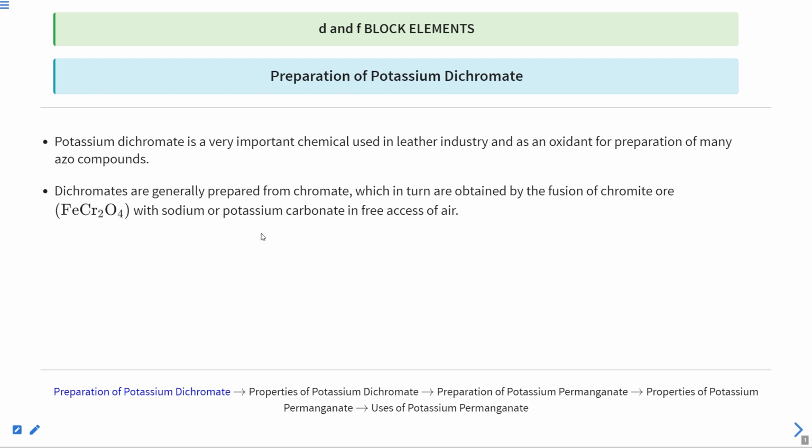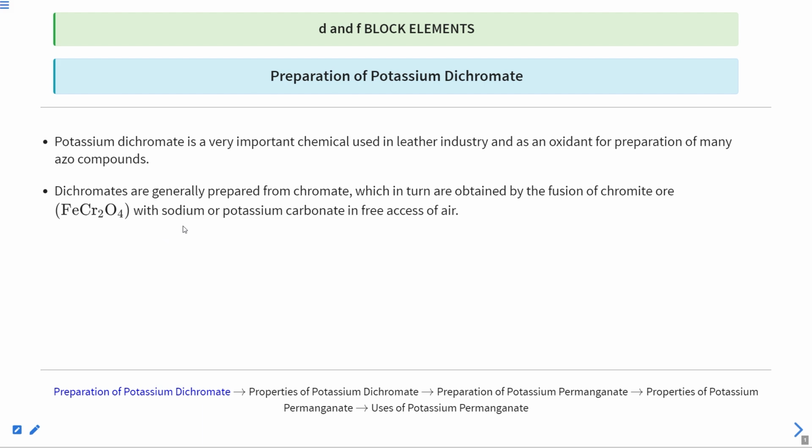Clear? So what are we saying here? If we take this chromite ore, which is FeCr2O4, and treat it with sodium or potassium carbonate in the presence of excess of air, then we will get chromate. Depending upon what we have used, if we have used potassium carbonate, we will get potassium chromate, and if we have used sodium carbonate, we will get sodium chromate.